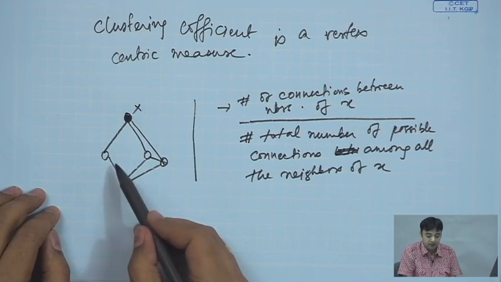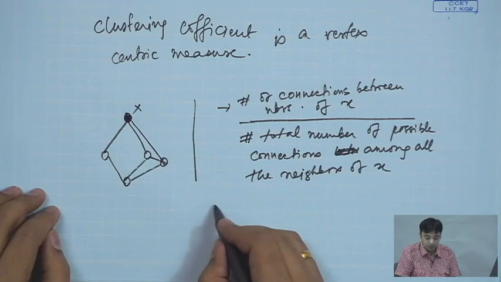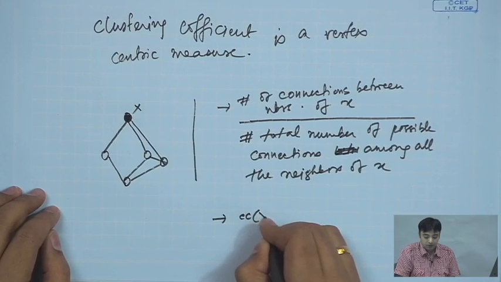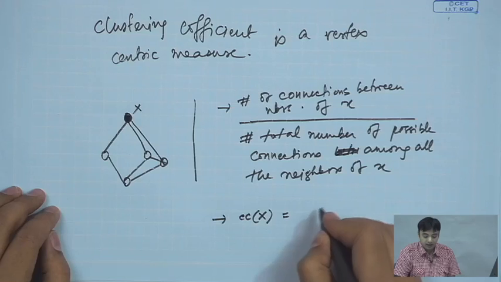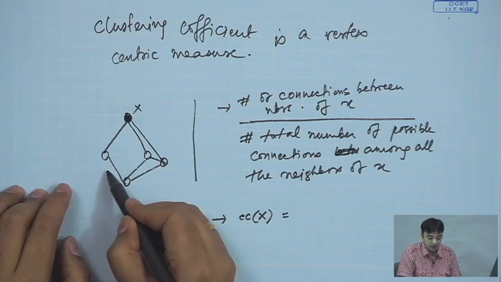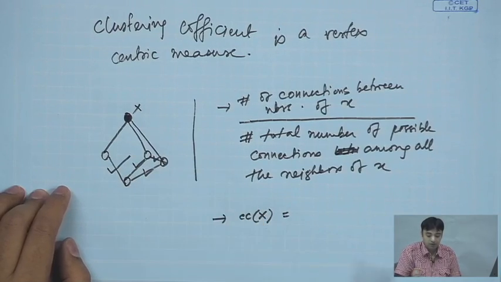Here for this example, you have 1, 2, 3 and 4 neighbors. Among the neighbors there are how many edges? There is 1 edge, 2 edges, 3 edges and 4 edges.